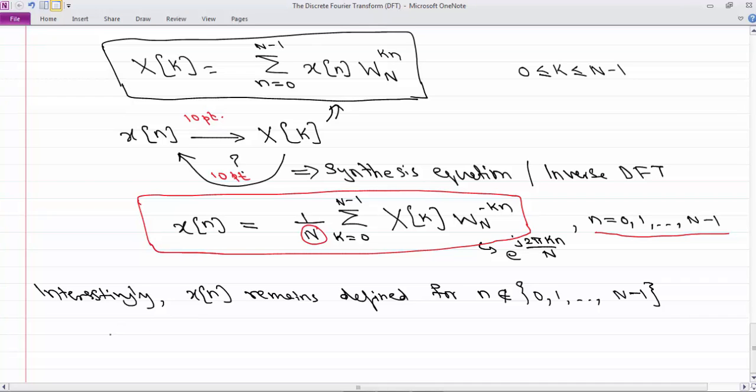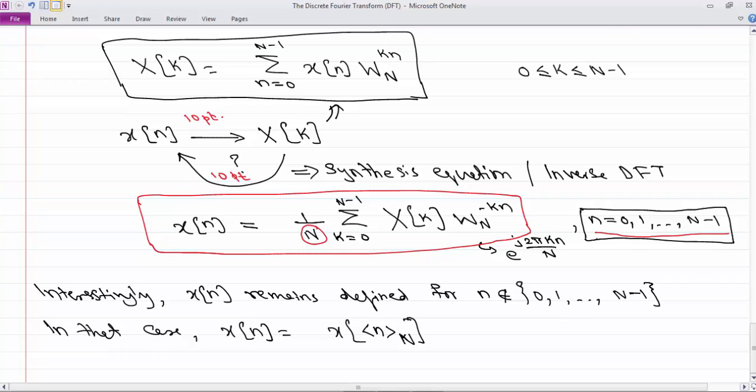And as you may guess, in that case x[n] can be written as x[n mod N]. Which means that if you were to compute x[n] for values beyond 0 to N minus 1, you will get back a periodic sequence which repeats itself after every N samples. But from the practical perspective, you will only care about this range, 0 to N minus 1.